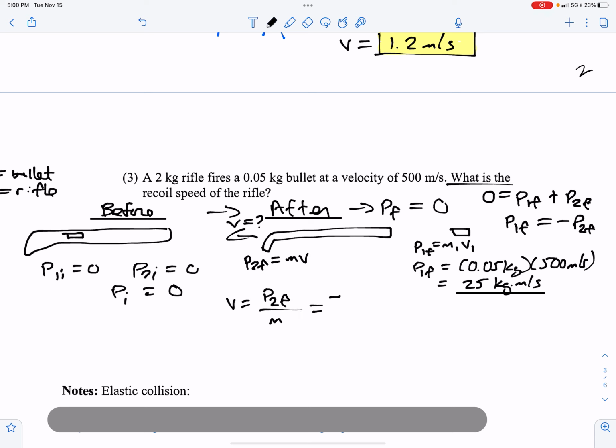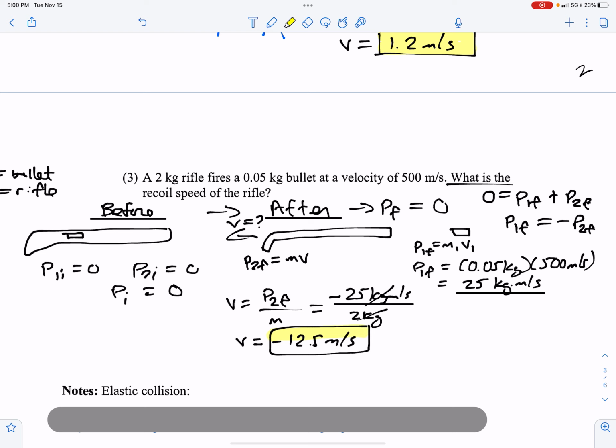P2 final would be negative 25, because remember, it's the same magnitude, but it's opposite in direction, kilograms meters per second, over the rifle's mass of 2 kilograms, right? You can see the recoil speed of the rifle is going to be much slower at about negative 12.5 meters per second. Still fast enough that you wouldn't stick your eye right behind the eyepiece, okay, but definitely not as fast as the bullet.